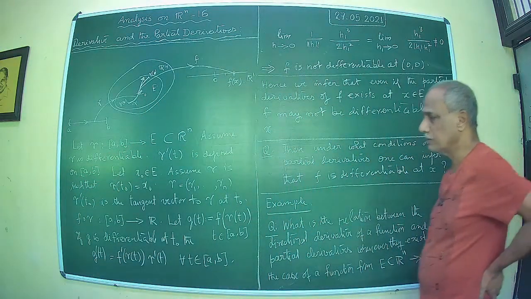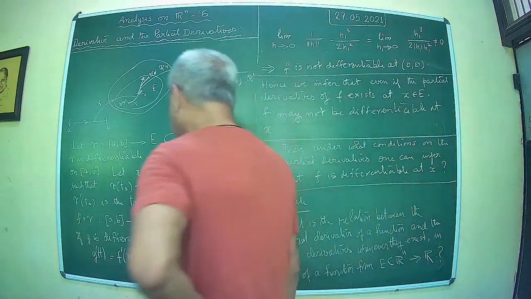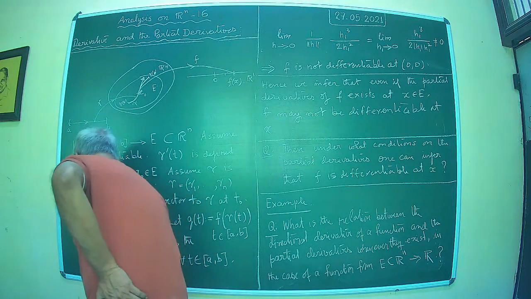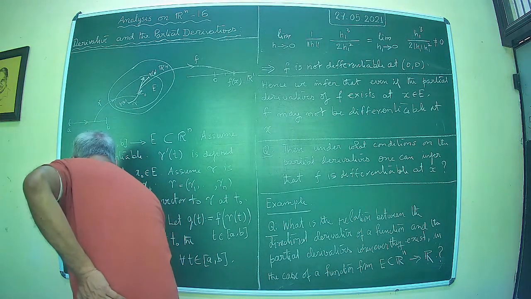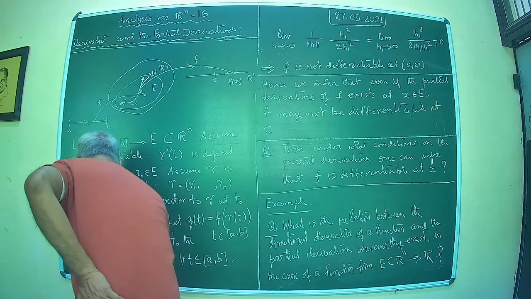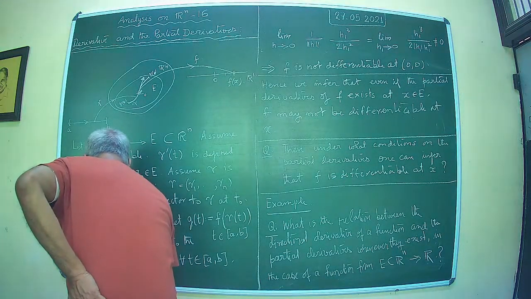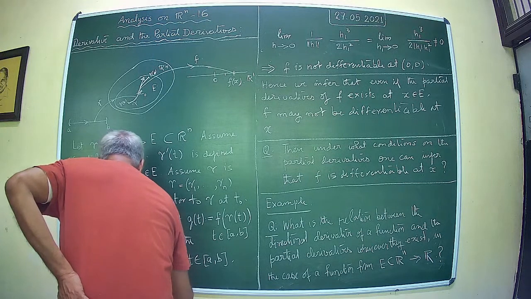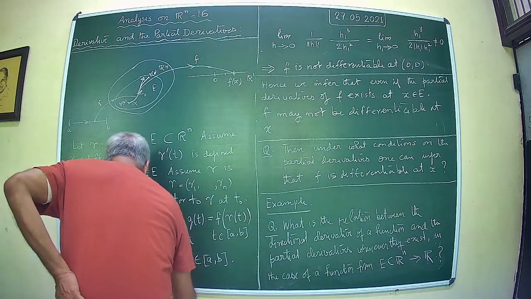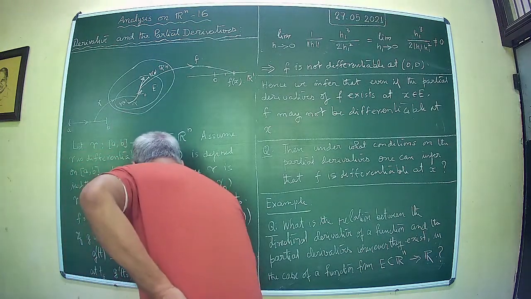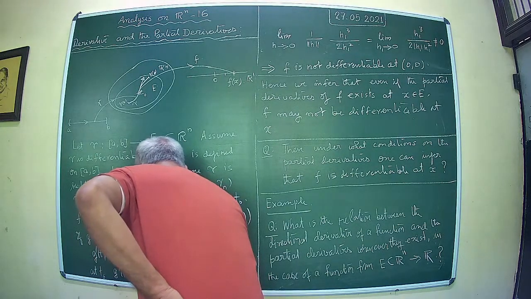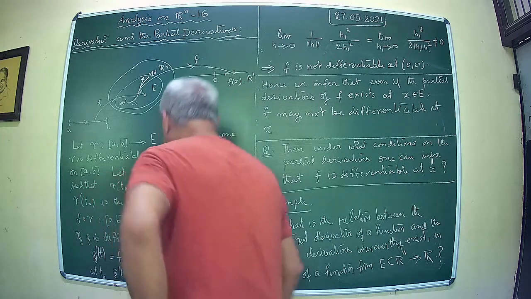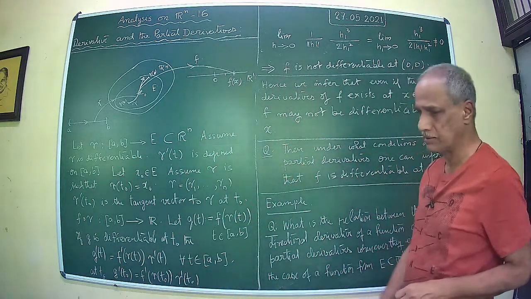In particular, at t naught, if G is differentiable, G derivative at t naught is given by this. This is the chain rule for these functions.